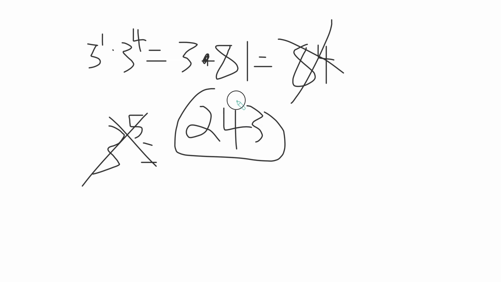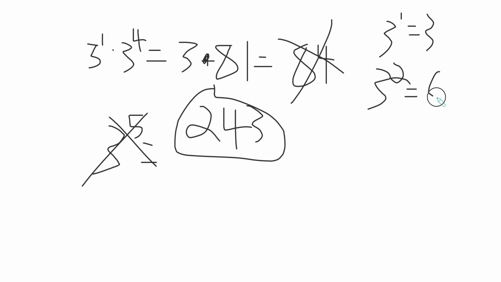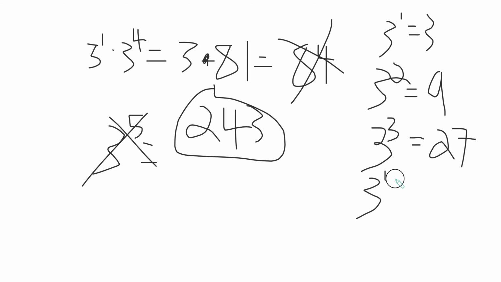But of course, and this is something that you'll catch, especially if you're doing a little bit of extra work. I think it's generally helpful if you can go a little bit above and beyond what's being assigned in your classes. Just say, you know what, I want to learn this stuff. I want to explore this stuff. I want to memorize these numbers. 3 cubed is 27. 3 to the 4th is 81.